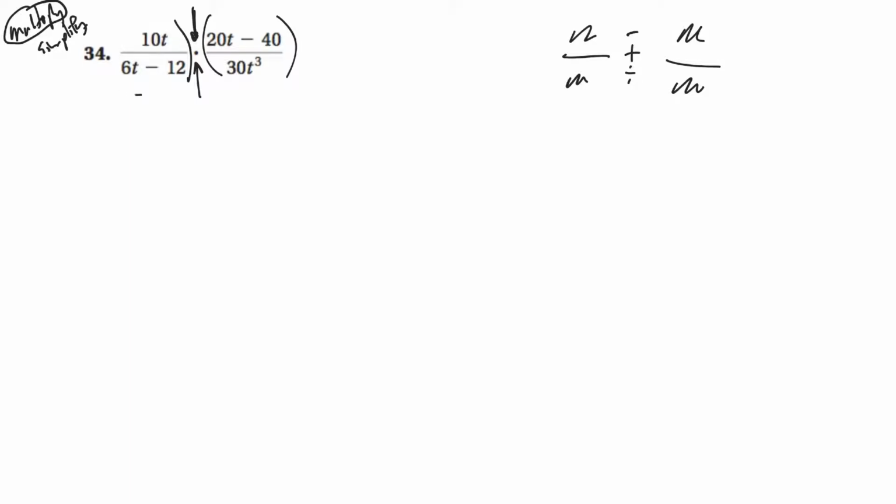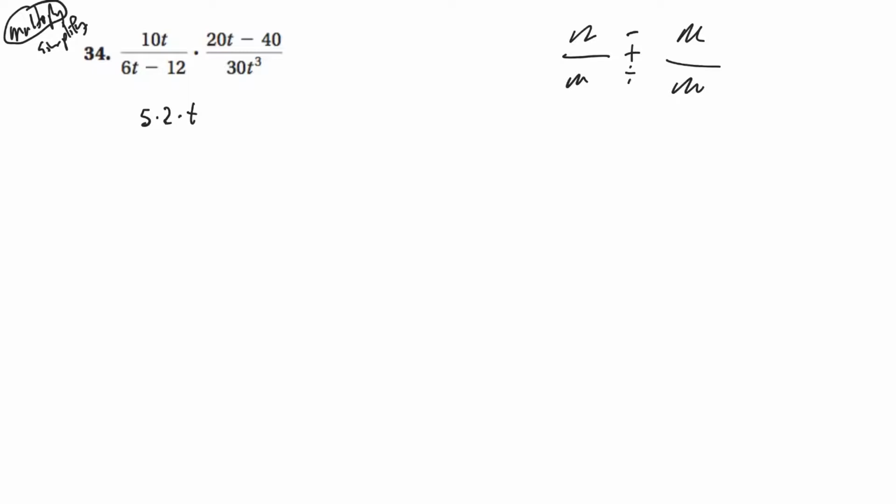Okay, so let me erase this. Okay, so 10t. To factor that, I could just write it as 10 times t, or I could write it as 5 times 2 times t. I guess those are my only options.